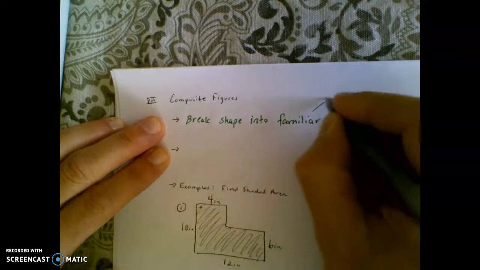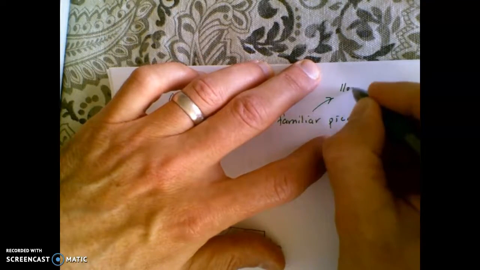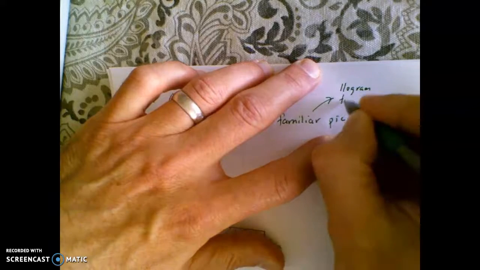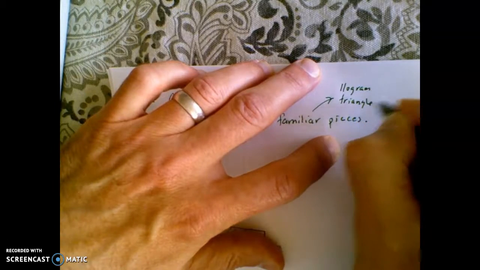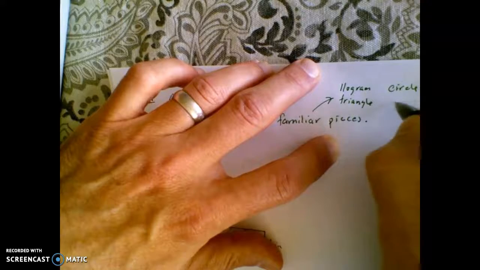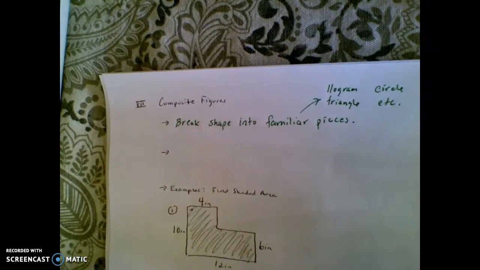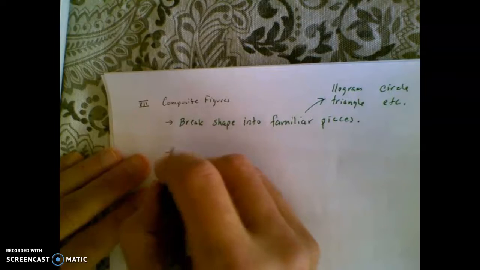Again, these familiar pieces will be like a parallelogram, a triangle, a circle, etc. So the familiar pieces will be those, and you'll be either adding or subtracting those areas.